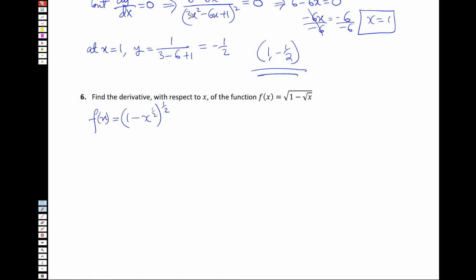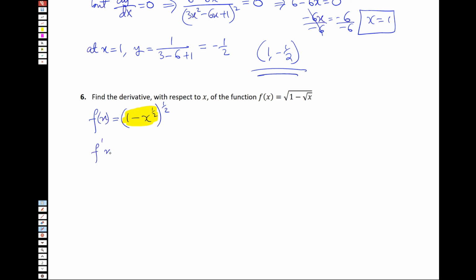And now you can notice here that this is what we have inside. So what we can do in this case is basically differentiate outside followed by inside.